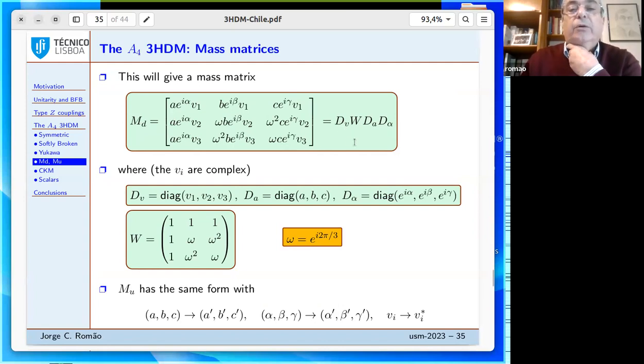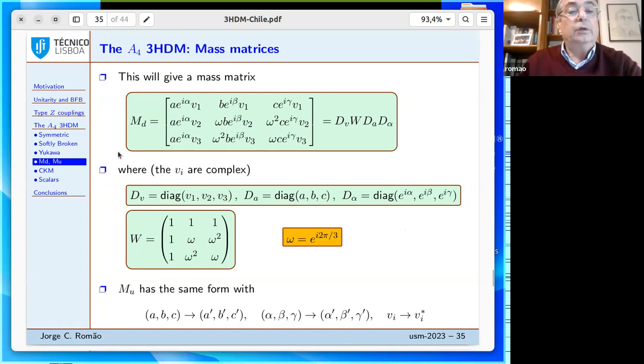D is for diagonal, and W is this A4 matrix that depends on omega, the e to the i 2 pi over 3. dV is the diagonal matrix for the VEVs, dA for these entries, and d alpha for the phases. Don't forget that the VEVs are complex, so you have to be careful with that.